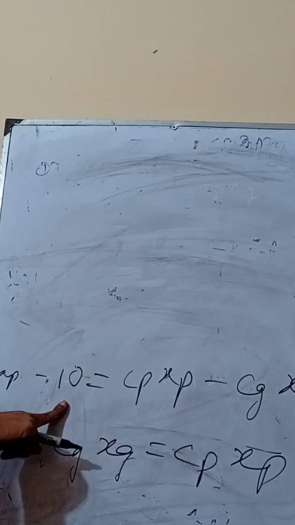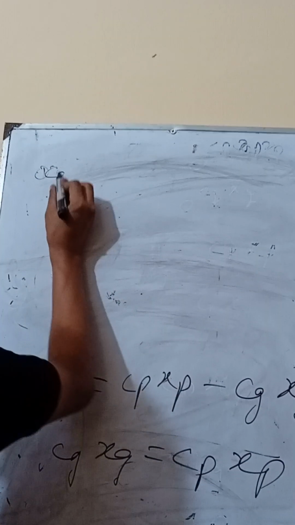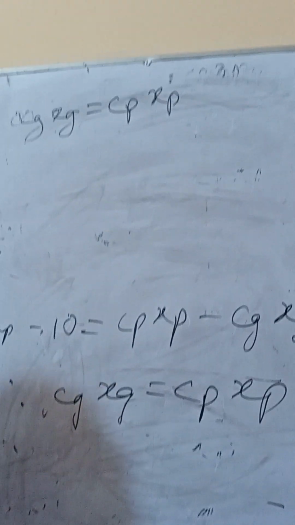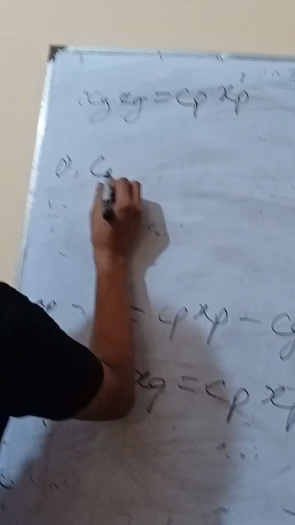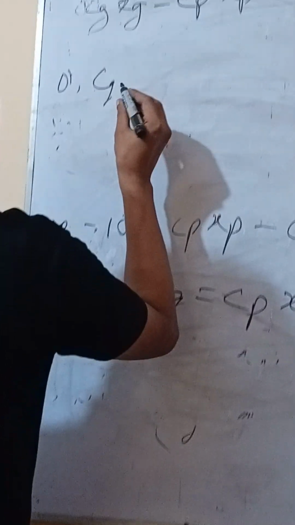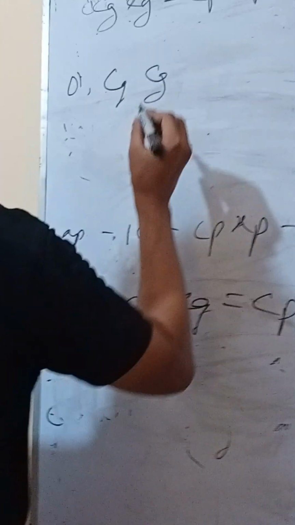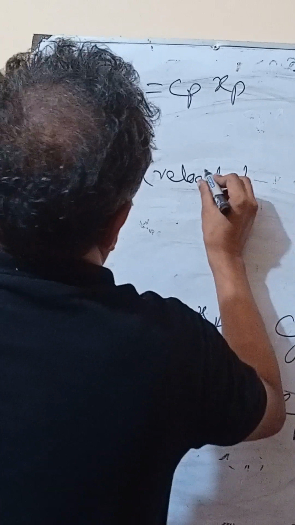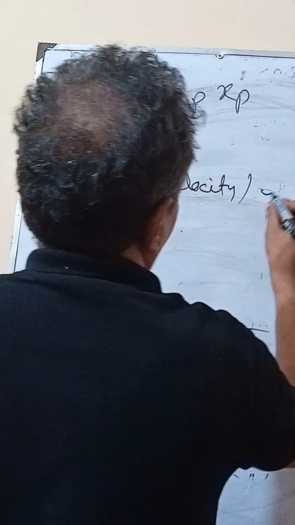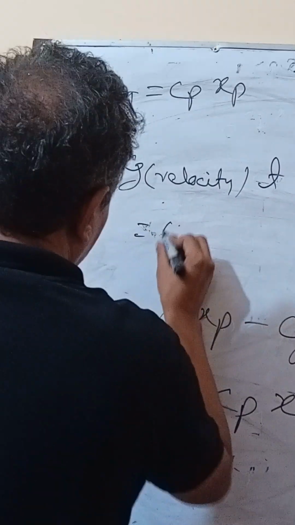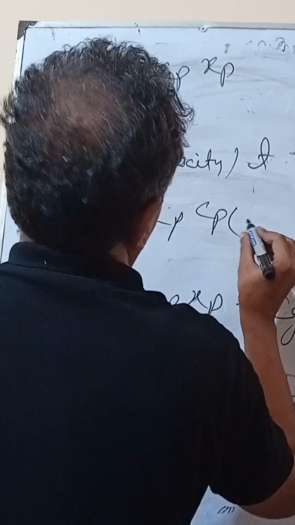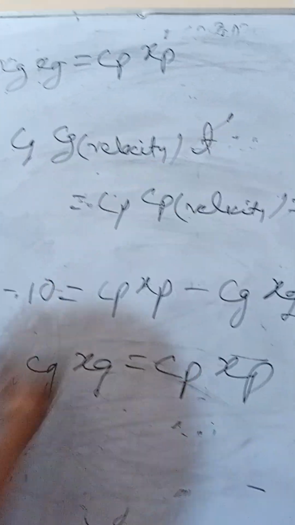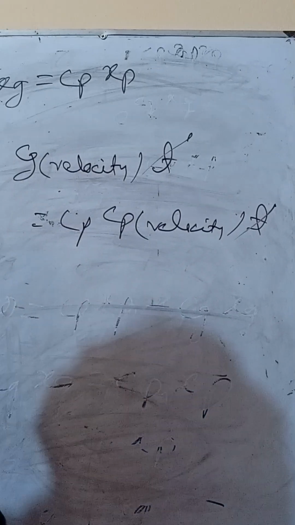This 10 is negligible. CG XZ CP XP, or CG, CZ velocity of graviton particles and time, and Cp velocity of photon particles and T. This T is not necessary.